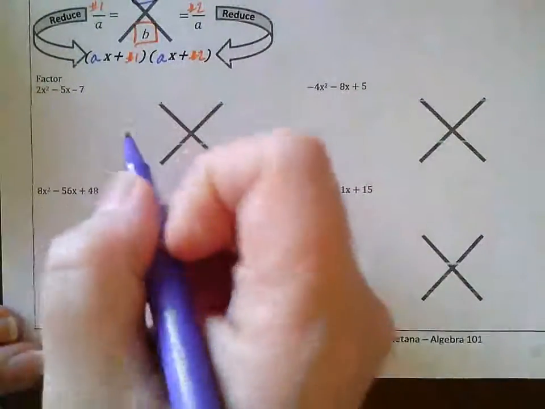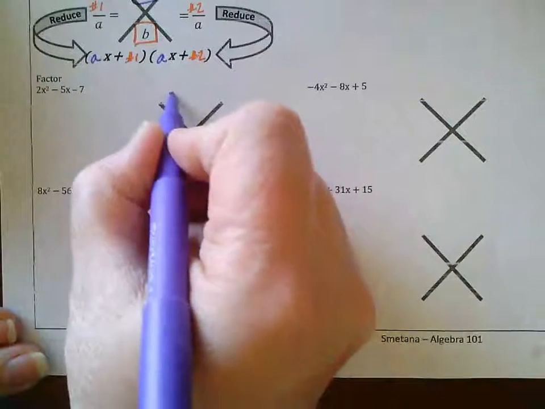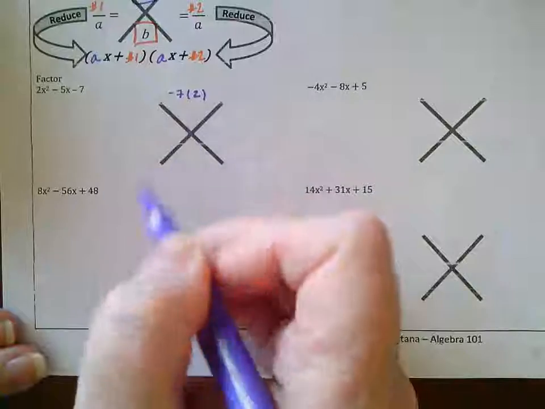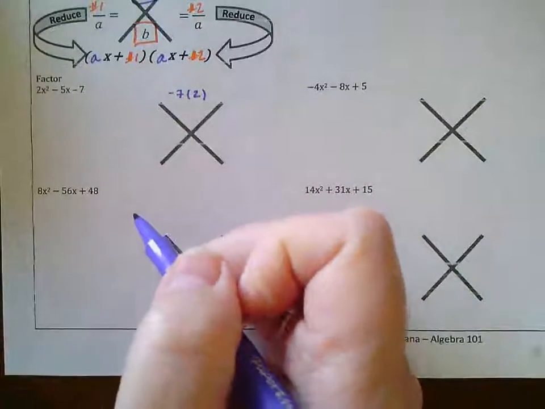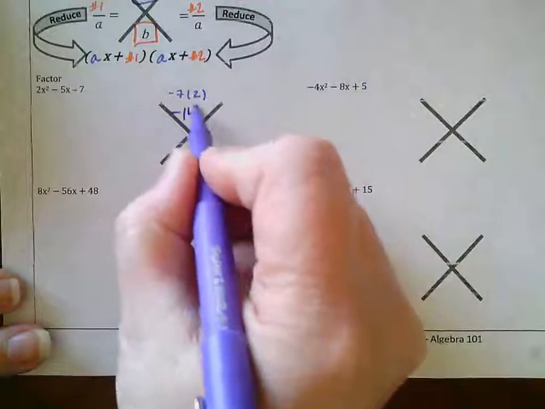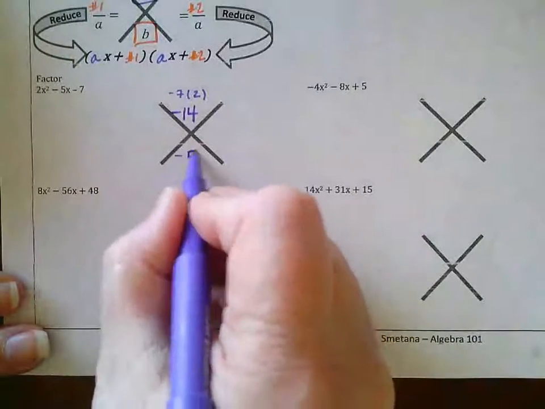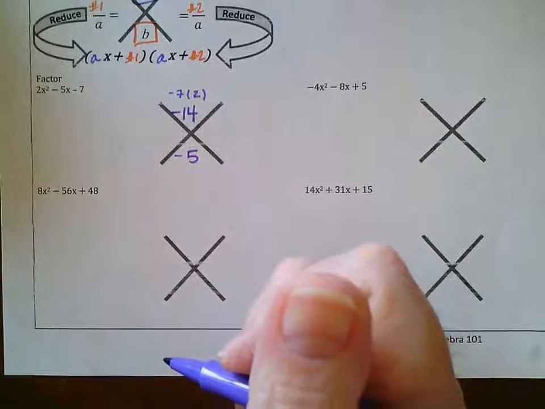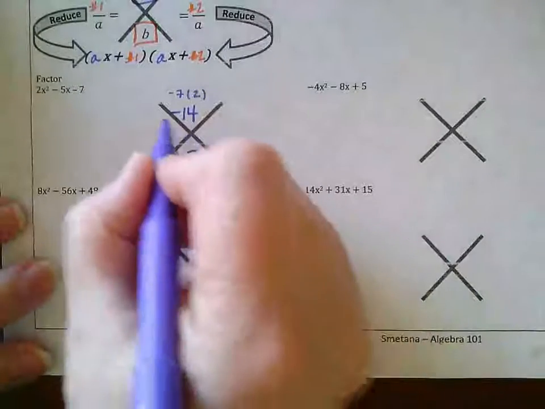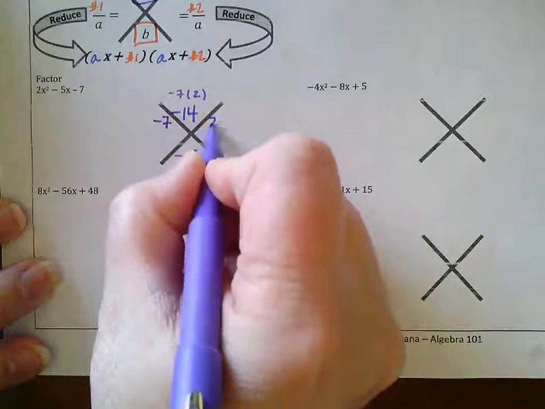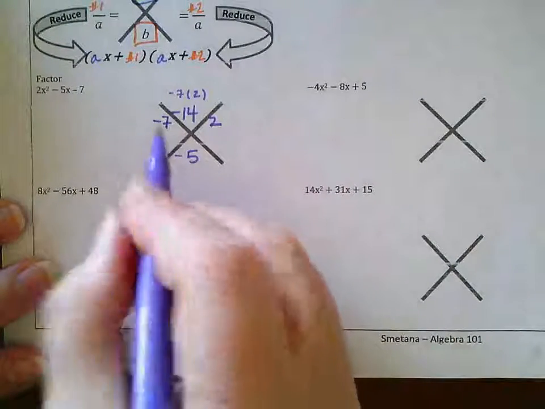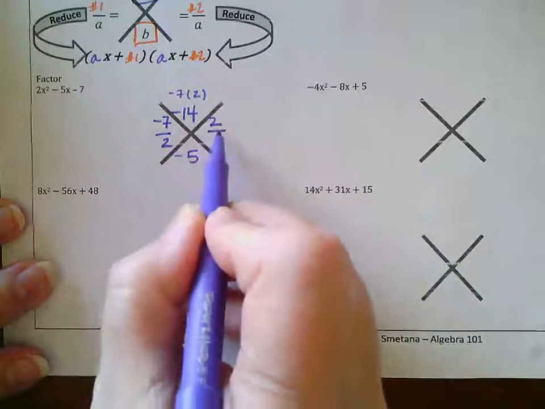So I have -7 times 2. By the way, you'll eventually not have to write this either. It's just one of those things that's kind of helpful when you're learning. So -14, -5. Two numbers that multiply to equal -14 but add to equal -5 are -7 and 2. Again, leave yourself some space there. So you can divide this by 2.